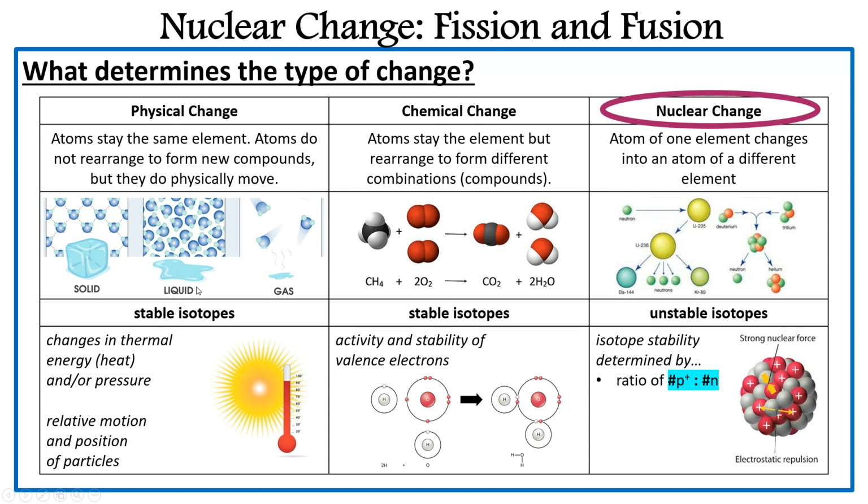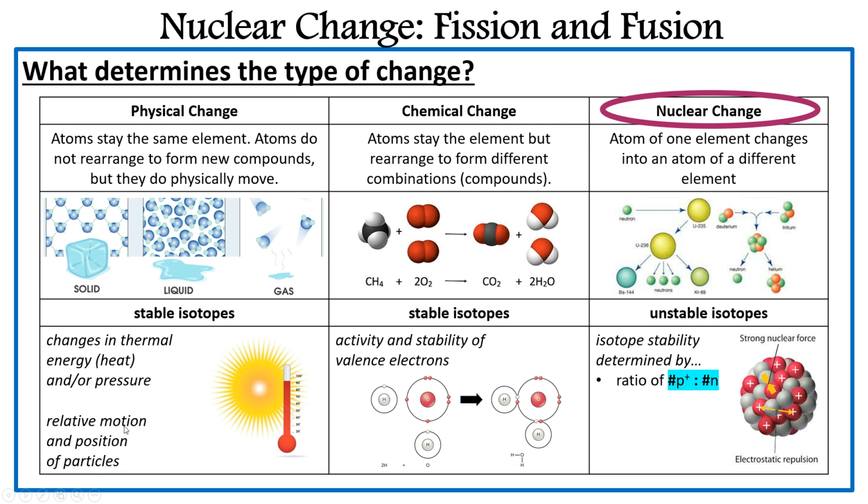On the flip side, when you heat water, like on the stove, you are allowing those particles to move a lot faster. So they are gaining kinetic energy from the heat and they move around a lot faster. And that's what we call gas. So changes to the physical state is a lot about heat, sometimes pressure.